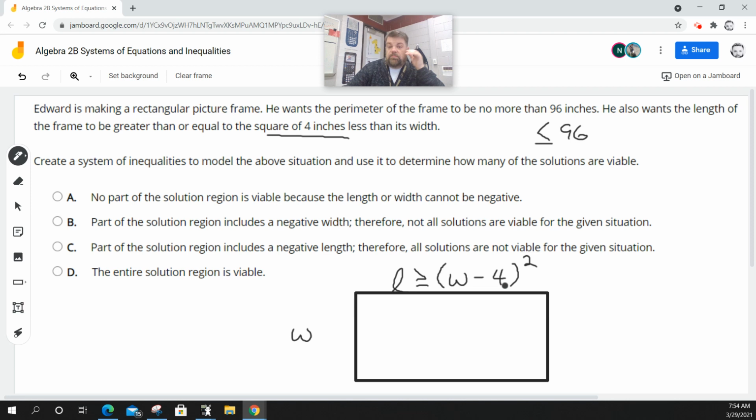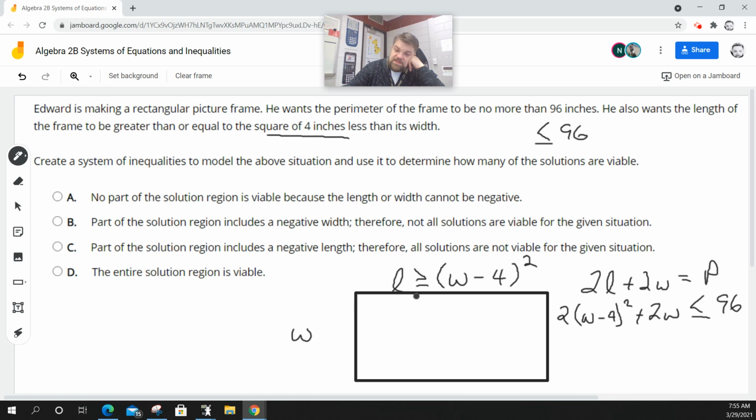So we're talking about a perimeter, and the perimeter would be 2L plus 2 times W equals the perimeter. But we know that the perimeter has to be less than or equal to 96. We know that it would be 2 times (W minus 4) squared plus 2W.